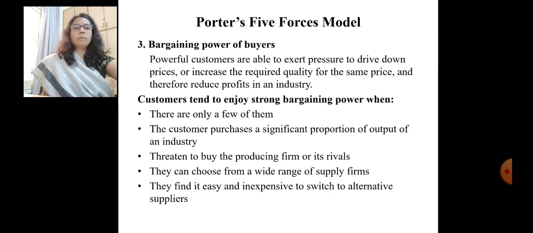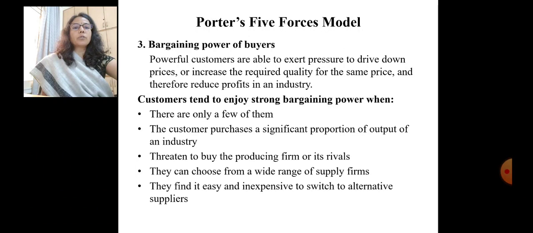Talking about the third one, bargaining power of buyers. Here, powerful customers are able to exert pressure to drive down prices or increase the required quality for the same price, and therefore reduce profit.